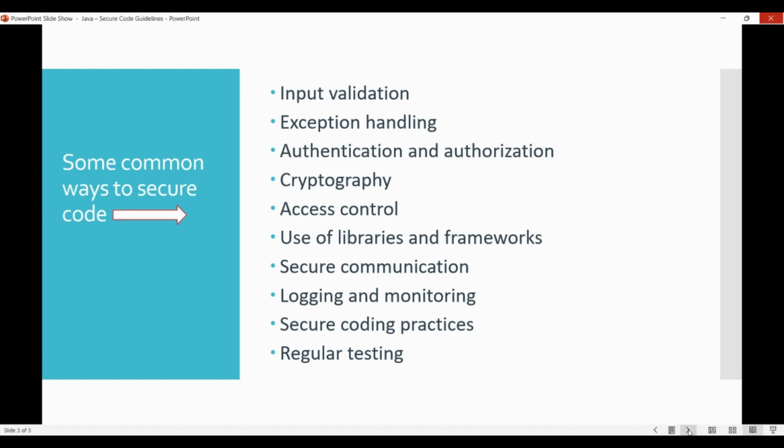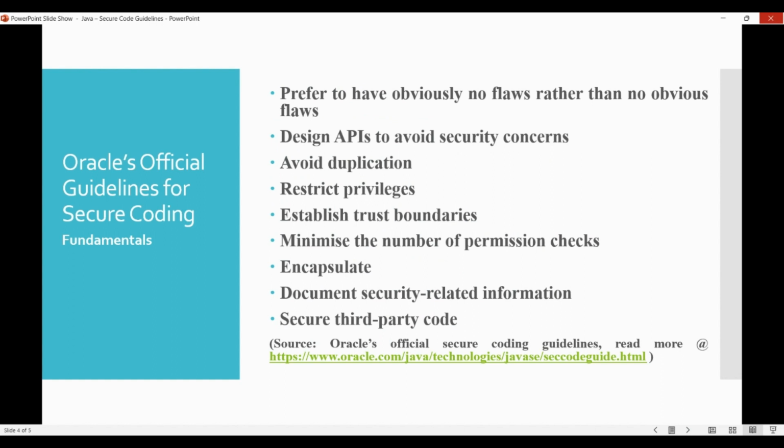Now, let's see what are the Oracle's official guidelines for secure coding. So, yes, there is a detailed secure coding guidelines documentation that is available on the Oracle platform. It talks in length and breadth about the secure coding practices to be followed by Java programmers. We will first see the fundamental guidelines that have been suggested by the platform.